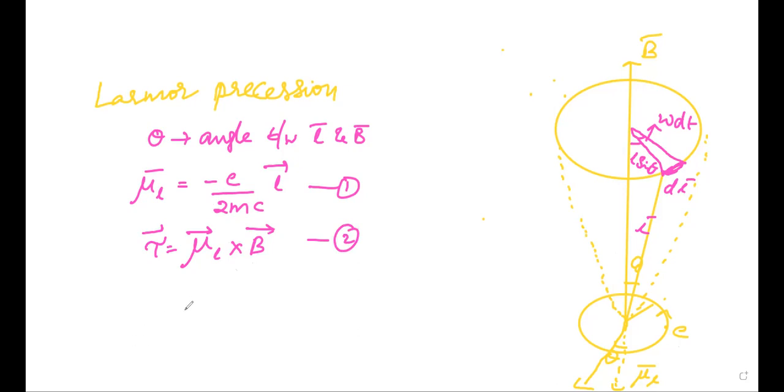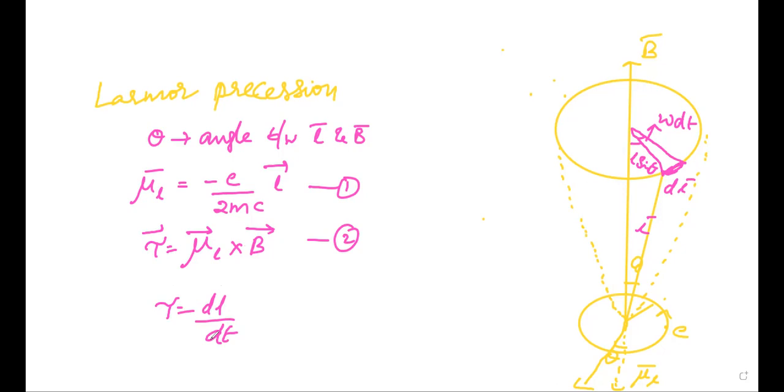The torque causes the angular momentum to change according to tau equal to dL by dt; the rate of change of angular momentum is known as torque, and the change takes place in the direction of torque. The torque tau bar on the electron produces a change dl bar in time dt.